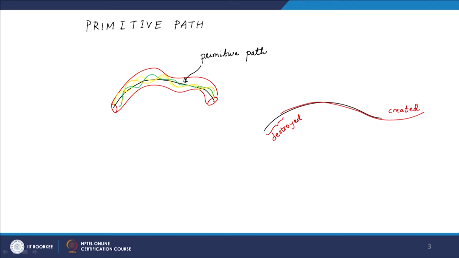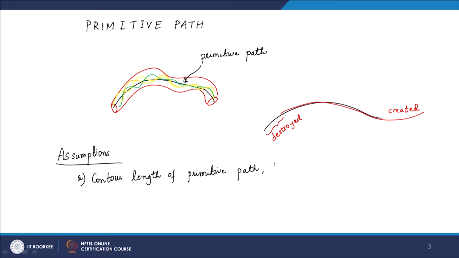Now, we can go further if we make certain assumptions here, and the first assumption we are going to make is the contour length of the primitive path, let me use the word L, is constant.